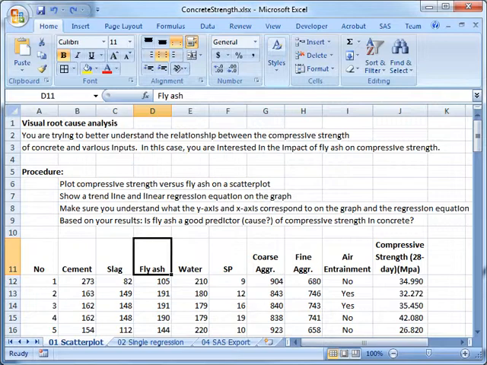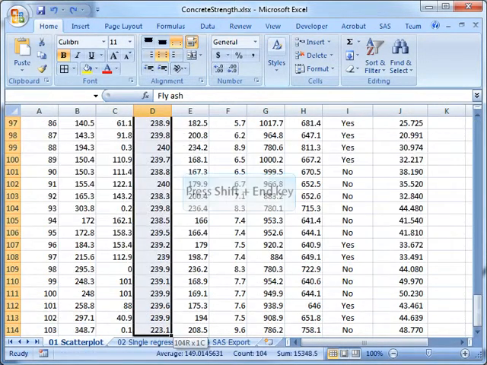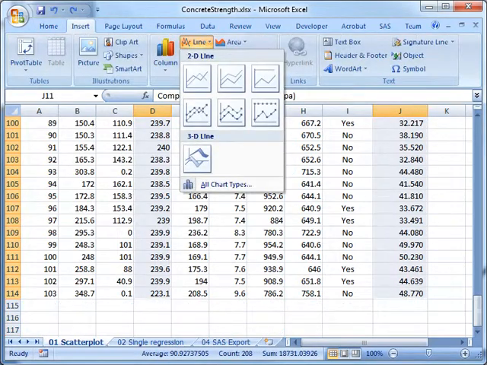Creating a scatter plot in Excel is a bit of a pain because you have to select very carefully. So I'm just going to hold down the Control key and select two ranges and then insert. Now notice there are two types of charts that seem promising. One is the line chart and one is the scatter chart.